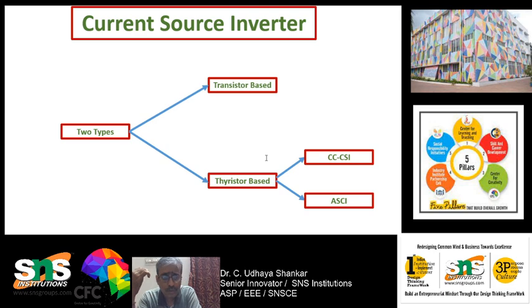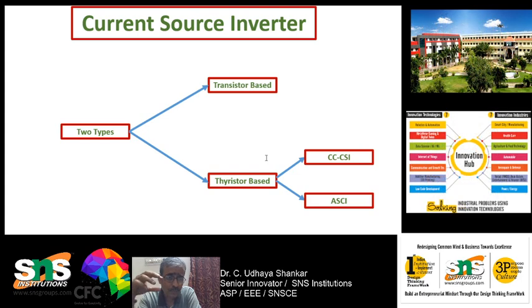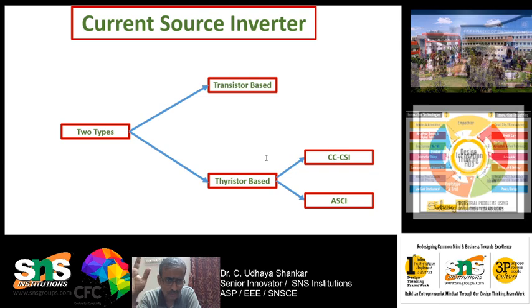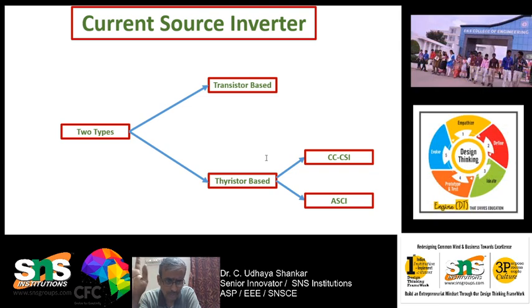To overcome that, the current source inverter was developed. Here the output current remains constant irrespective of changes in load, whereas the output voltage changes with respect to load. This is the main difference between the current source inverter and the voltage source inverter.